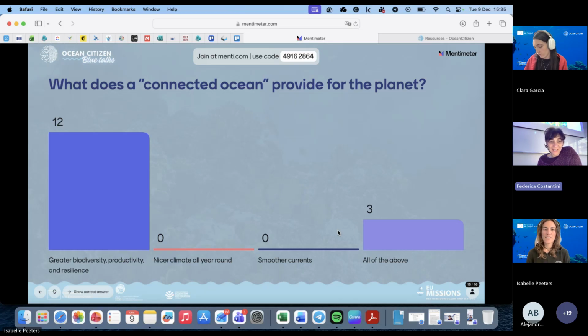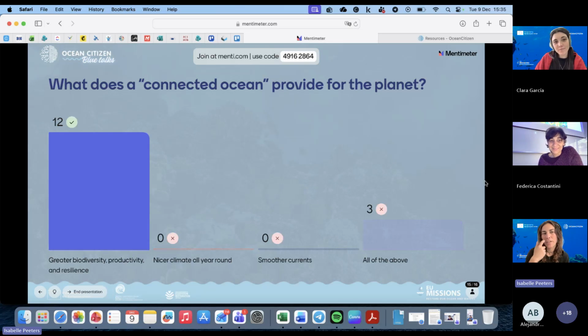So in some way it could be a smoother current. I don't really know if increasing connectivity can reduce the currents. So for sure, it is greater biodiversity, productivity, and resilience of the ecosystem and the ocean in general.